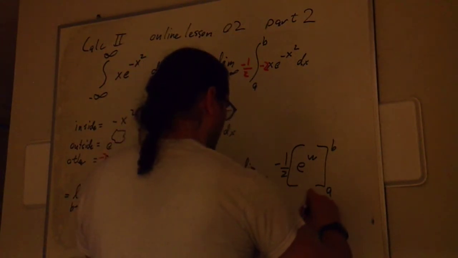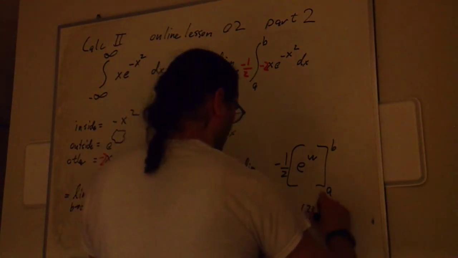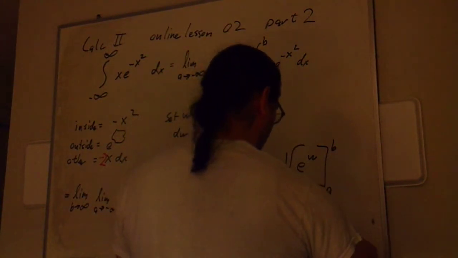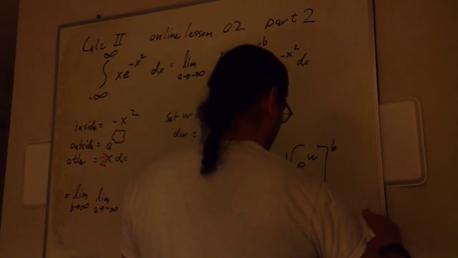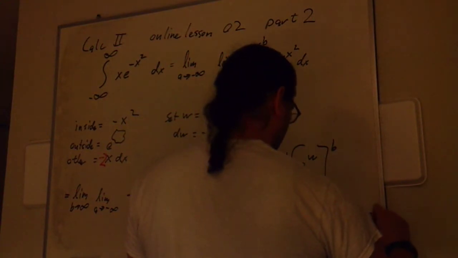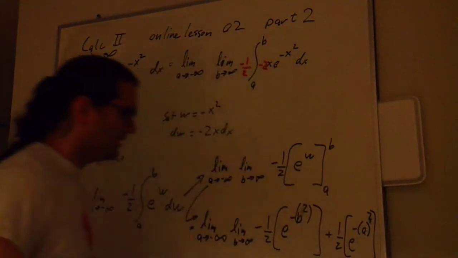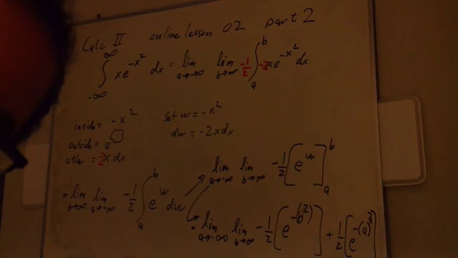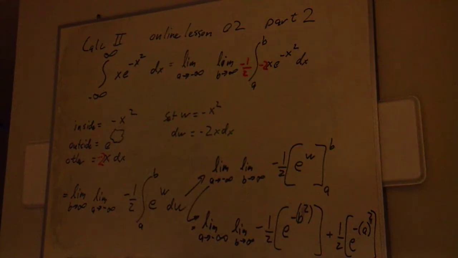E to the negative b squared minus, should be plus 1/2, e to the negative a squared. That just barely fits. Is it in the frame? Looks like it. I'll take it.